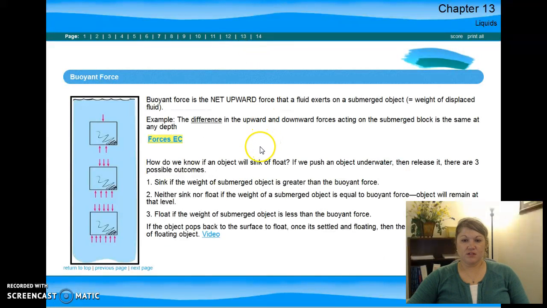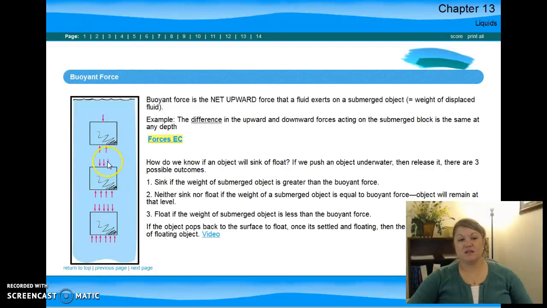Now the difference between the upward and downward forces acting on any submerged object is the buoyant force, right? So if you have a force pushing down and a force pushing up, see how you got two arrows on the bottom, one arrow on the top, giving you a difference of 1, right? If you look at this block on its trek down to the bottom of this pool, you'll see that the difference will always stay 1, right?